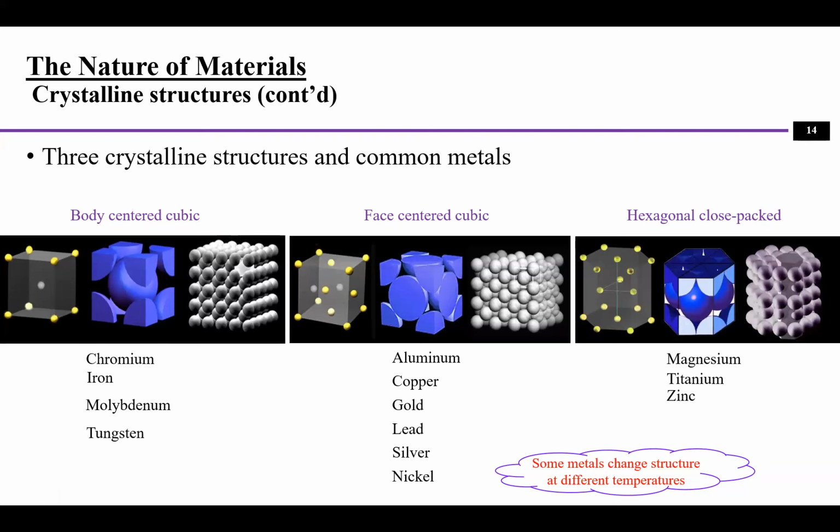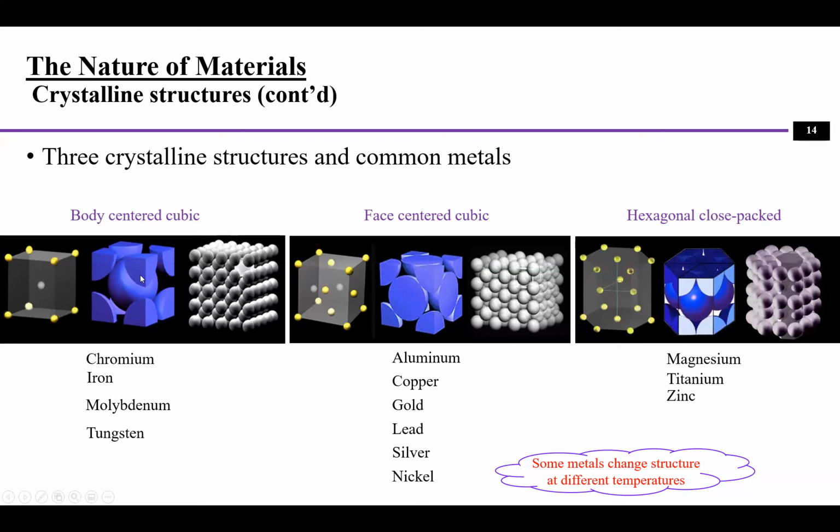Another type of crystalline structure is face-centered cubic. As you can tell, here the atoms at each corner are formed around one atom in the center of each surface, like this. If they repeat, then it will form a face-centered cubic structure.